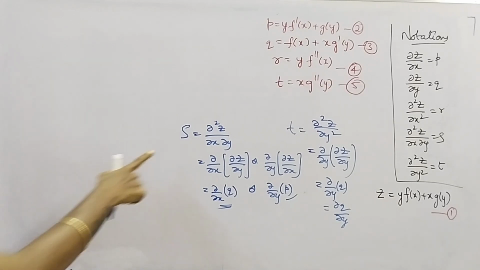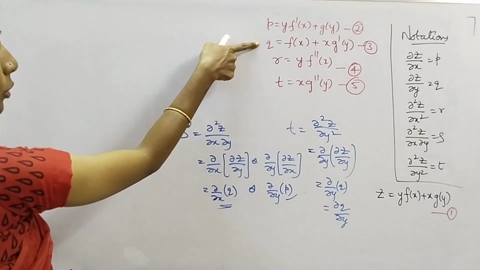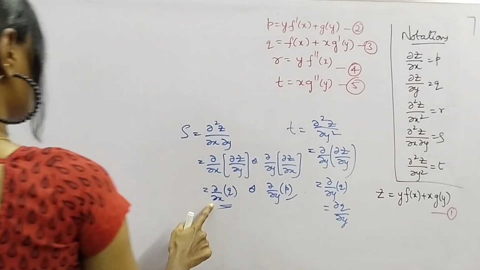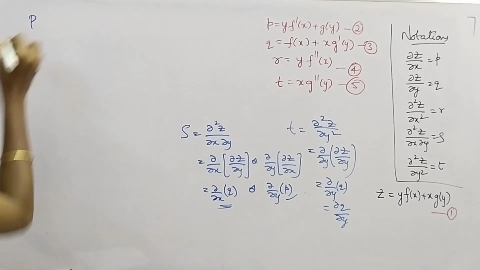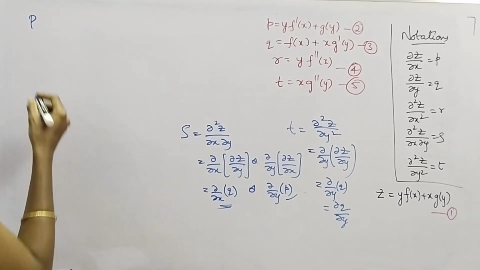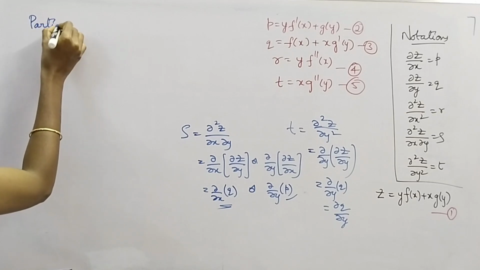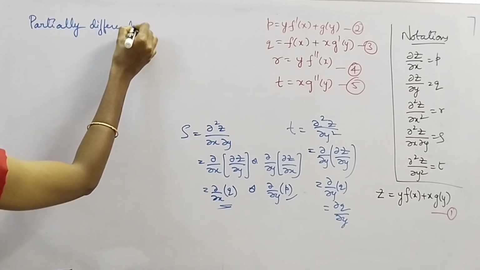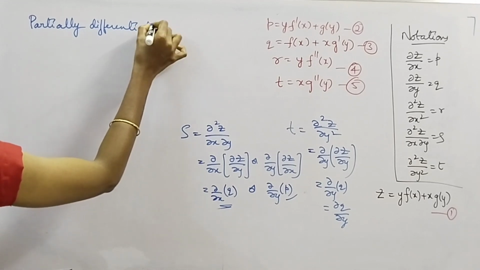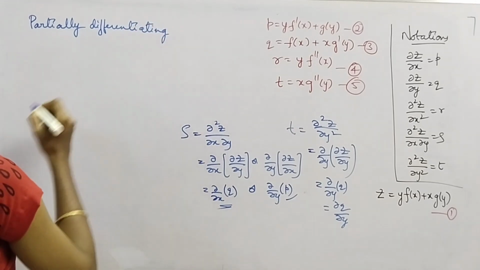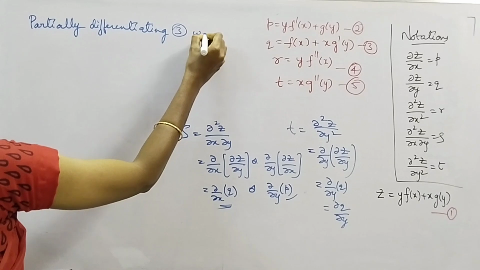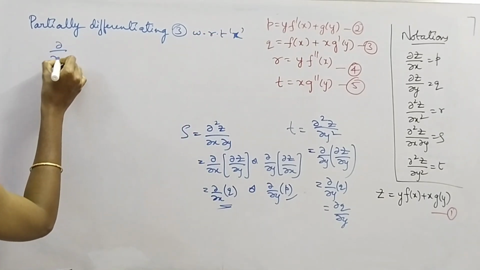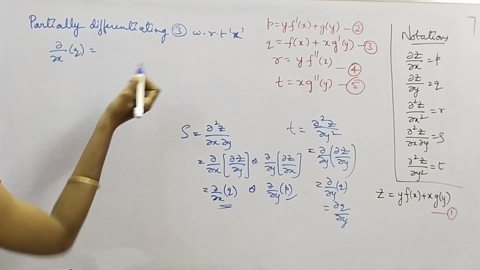Now in order to find s, we have to partially differentiate q with respect to x or p with respect to y. I said I'll show you this, right? So I'll partially differentiate q with respect to x, that is equation 3 with respect to x. Partially differentiating 3 with respect to x, I'll just apply ∂/∂x on both sides of equation 3.